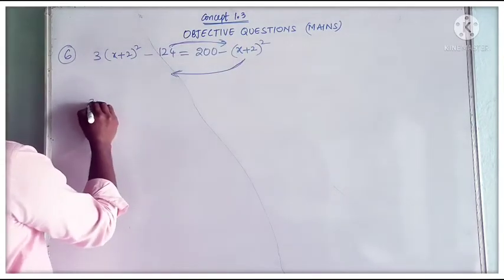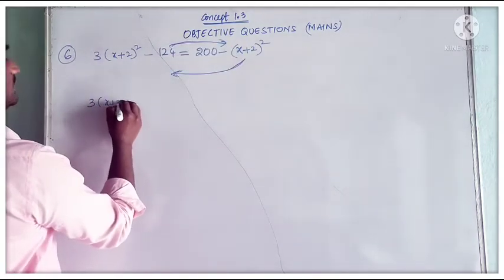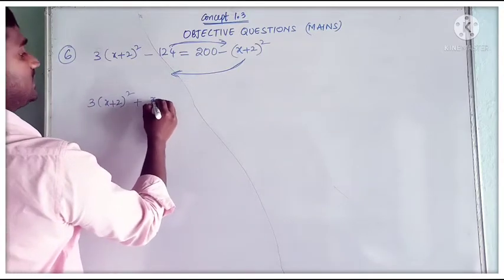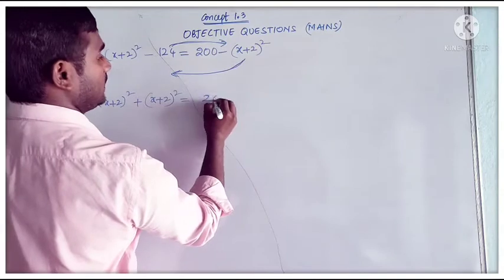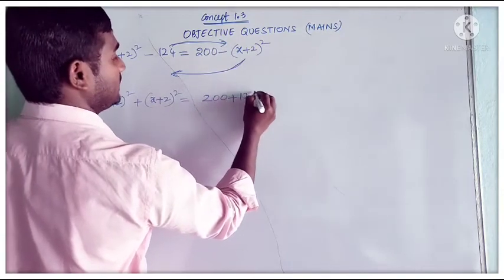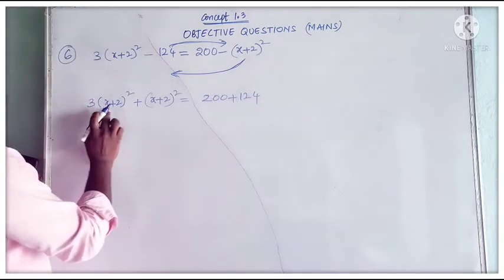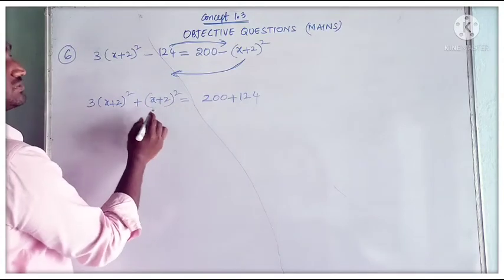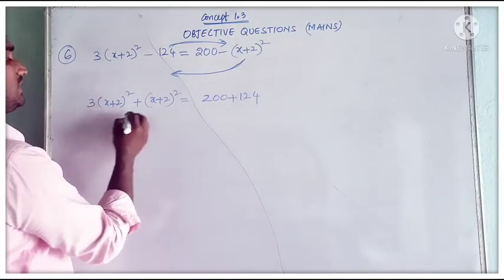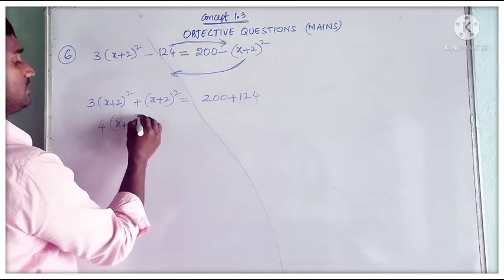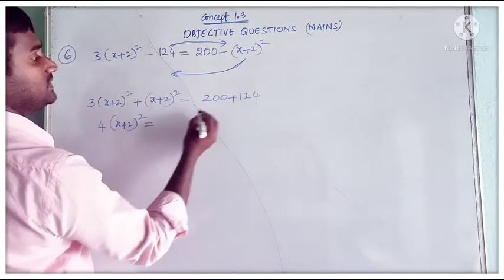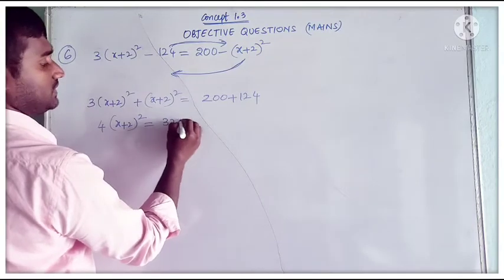It becomes (3x + 2)² + (x + 2)² = 200 + 124. Now we can add (3x + 2)² and (x + 2)², and it becomes 4(x + 2)², which is equal to 200 + 124, that is 324.